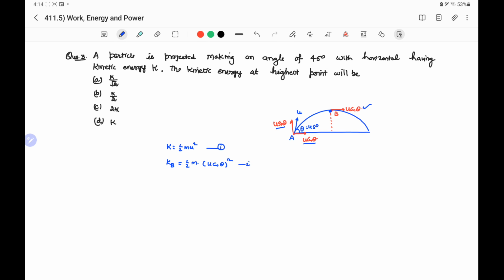This is equation number 2, where theta equal to 45 degree. So KB will be equal to half m u square into cos square 45 degree. Half m u square from equation number 1 is K, and cos 45 is 1 by root 2 and it is squared. So we can write KB equal to K by 2. Hence option B is the correct option.